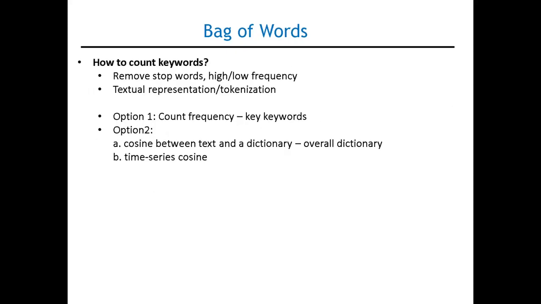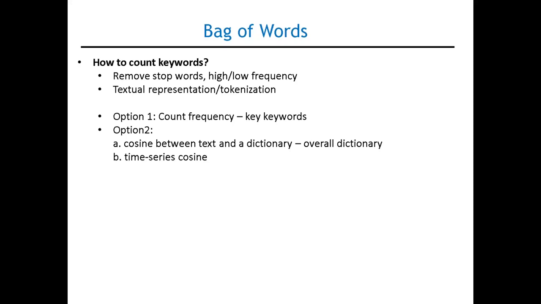Keyword frequency. We have two approaches. One is you count the frequency of each keyword. Another way is you can get a cosine, but it doesn't matter much. Not many people use it. So basically, even for keywords, how do you count them? There are two ways. One is you just count the frequency of the keyword.